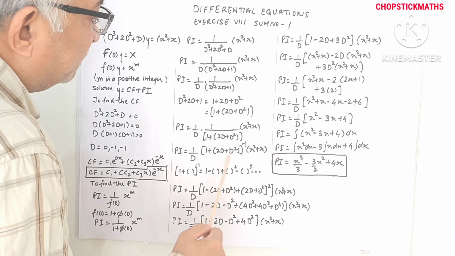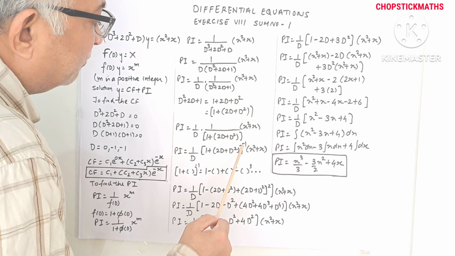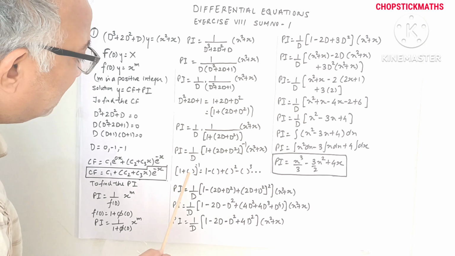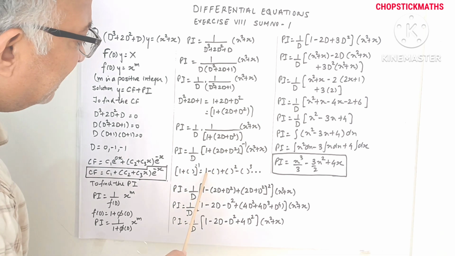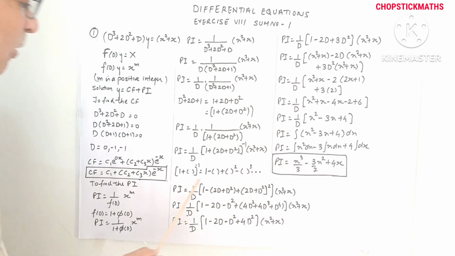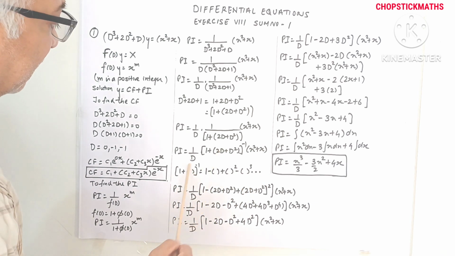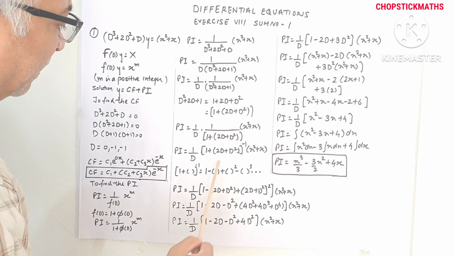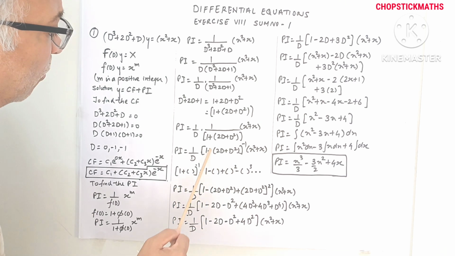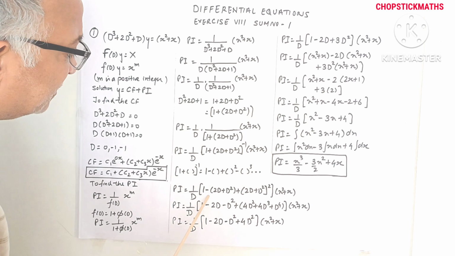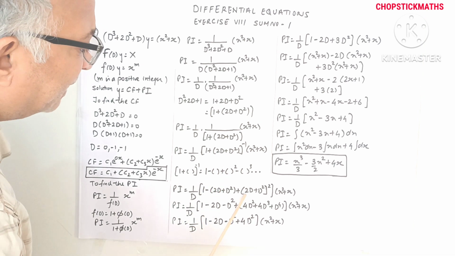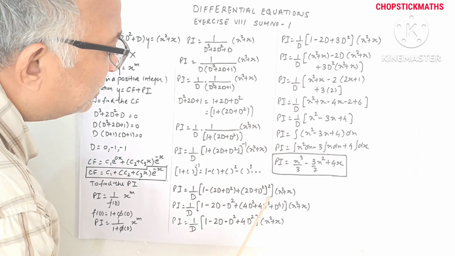Now this expression which is raised to the power minus 1 can be expanded using the formula: (1 plus bracket) raised to minus 1 is 1 minus bracket plus bracket square minus bracket cube and so on, where bracket is 2D plus D square over here. So we can expand PI is equal to 1 upon D into (1 minus bracket, that is 2D plus D square, plus bracket square, that is (2D plus D square) the whole square).